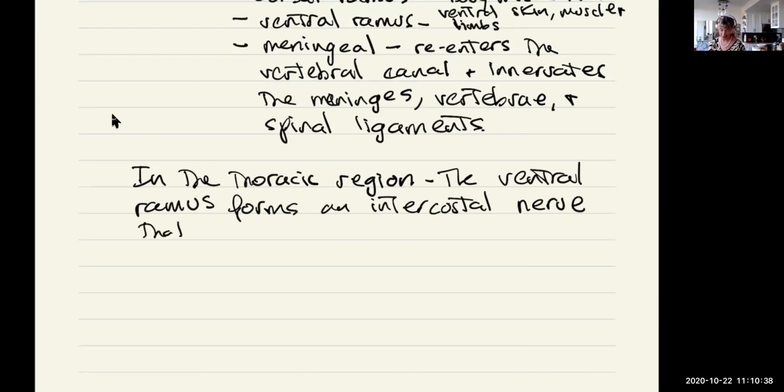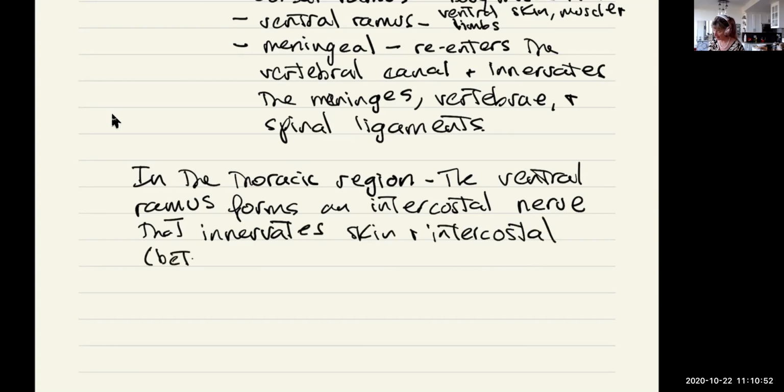That innervates skin and intercostal, that's between the ribs, muscles that contribute to breathing.